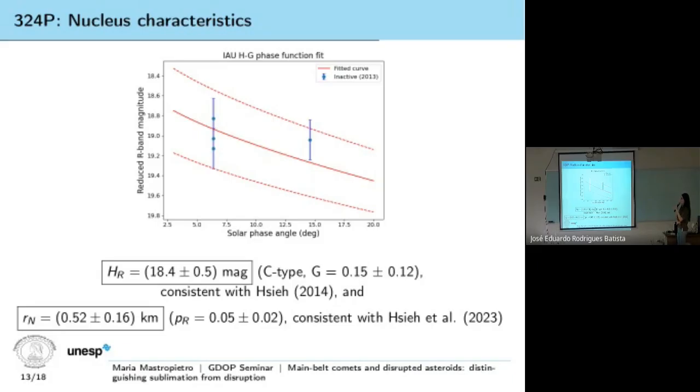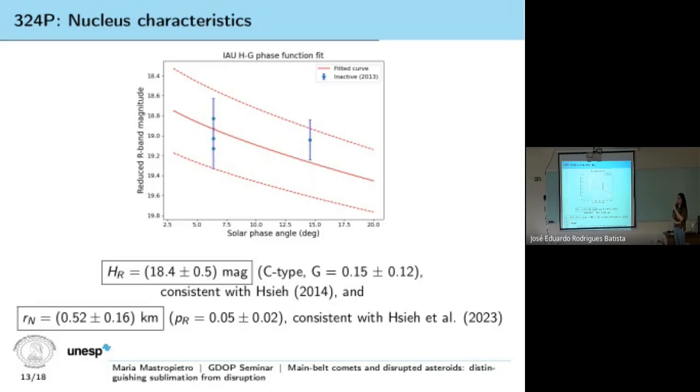And I obtained an absolute magnitude of 18.4, consistent with the literature. By assuming a spherical shape and an albedo from the literature, usually used for main belt comets, I obtained a radius of 0.5 kilometers.